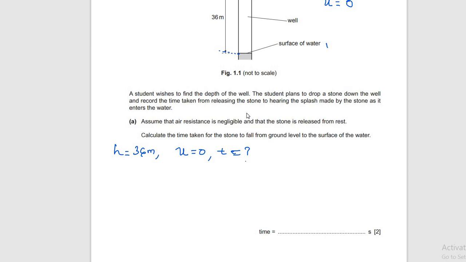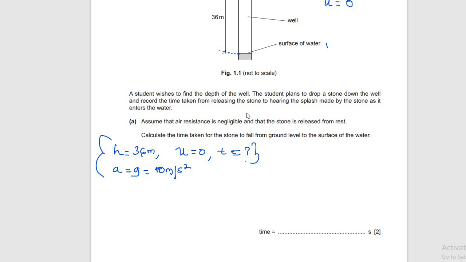And remember that the stone is falling freely, which means the acceleration is the gravity, which is 9.8, but in physics we use 10 meters per second squared. Now, which SUVAT equation combines these variables together?